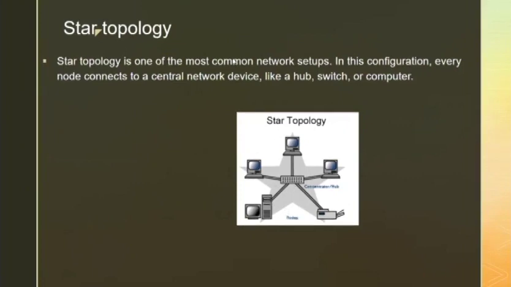Here you have the switch or hub. We are using a switch or hub to connect computers or the network devices with each other. So that is the most suitable method for the computer laboratory or computer offices or whatever the place.